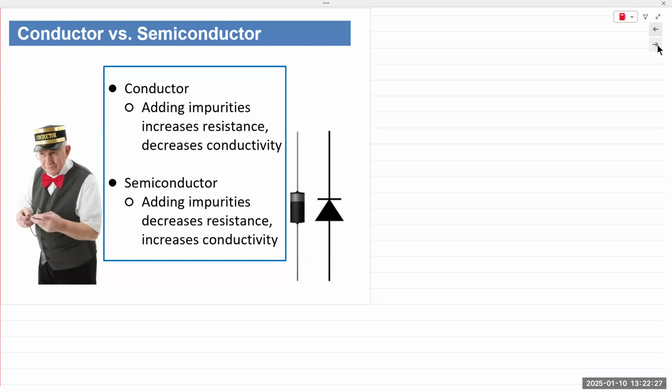And because it does not originally belong in that material, it is referred to as an impurity. Impurity is something that doesn't belong in there. Okay. And so adding impurities, meaning you simply add some external material into your sample.